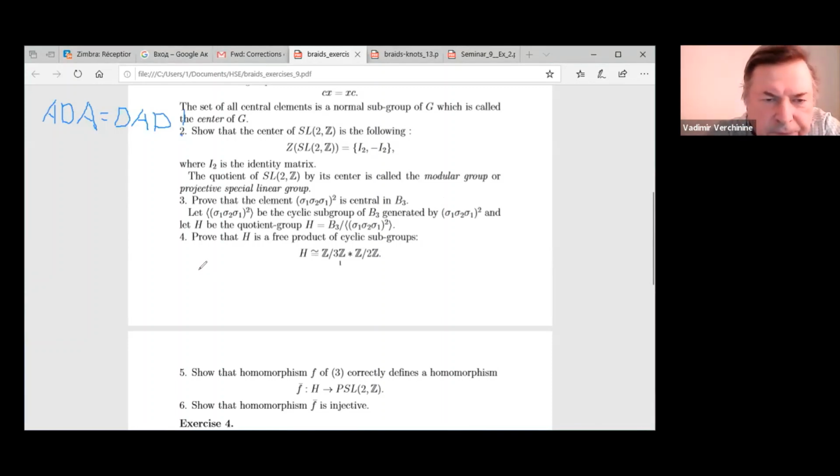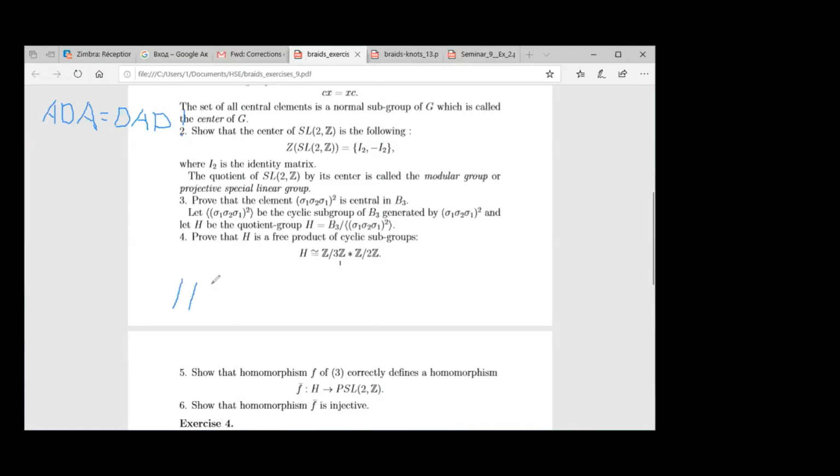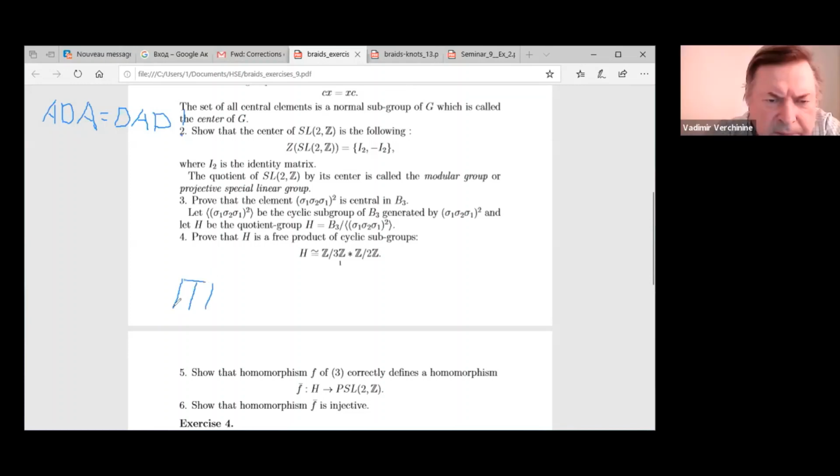The proof is the following: look at the braid of 3 strands. You have a frame. This is the trivial braid on 3 strands. Now it may be difficult, maybe not, just boring to write this down, maybe not boring.